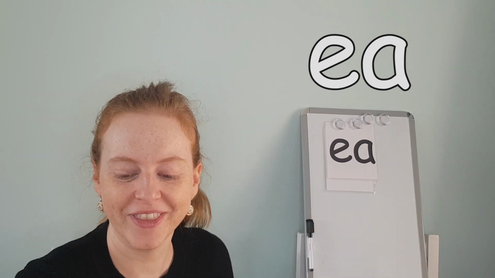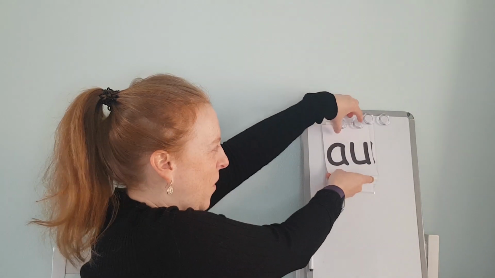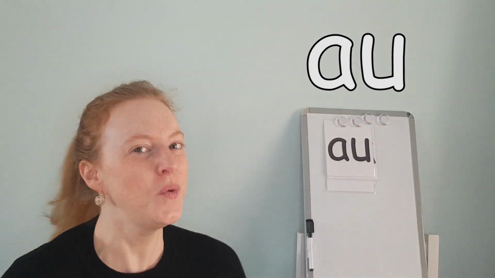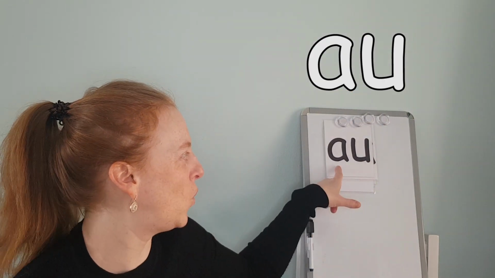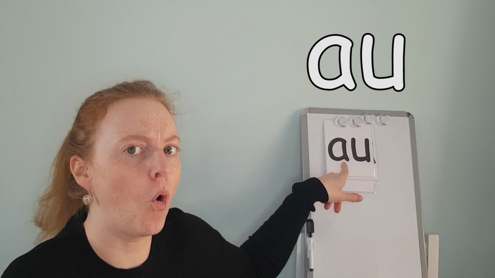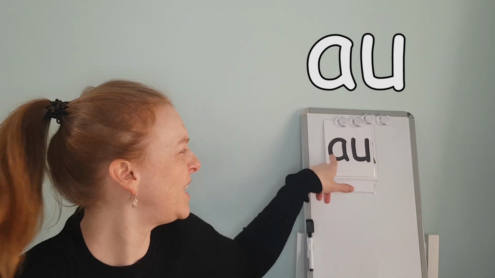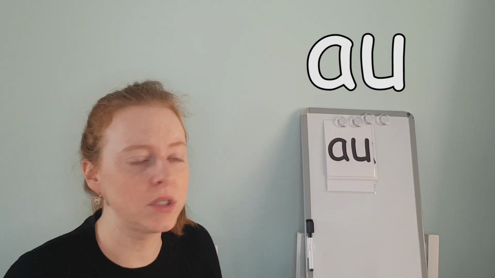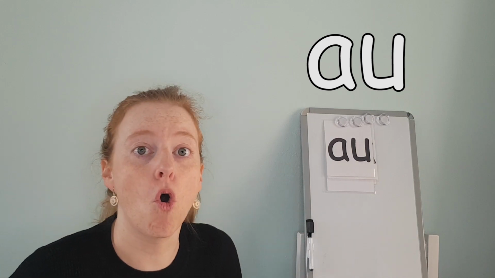E. This one, I don't know, it's not used that much, but it's or, as in automatic, or Paul and Paula. Okay, so you don't get that in many words, but that's another one, or.